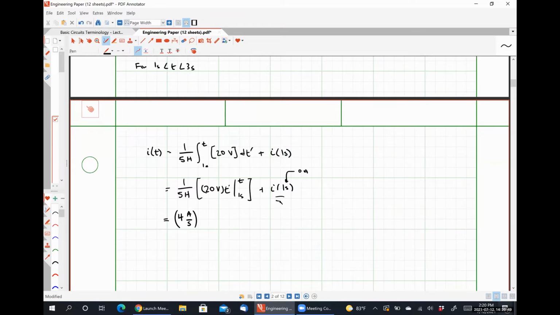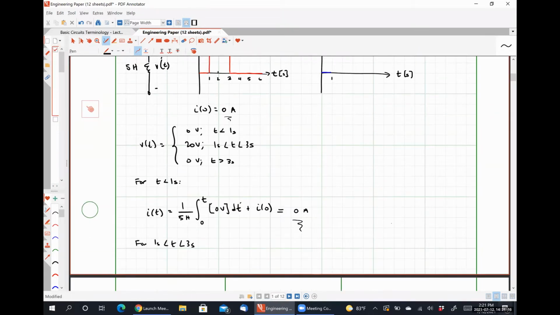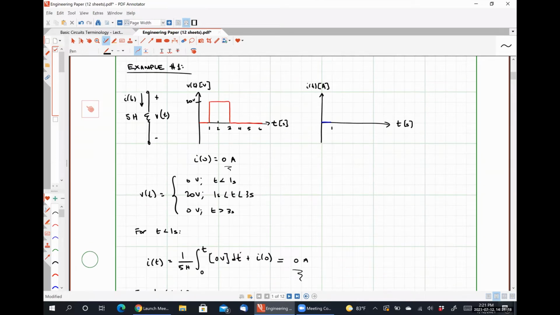So we'll have 4 amps per second, which is the result of dividing volts by henries. And then here, we're going to have t minus 1 second. So what this is going to look like graphically, if we come back up here to our graph, I'm going to put 8 amps right here.